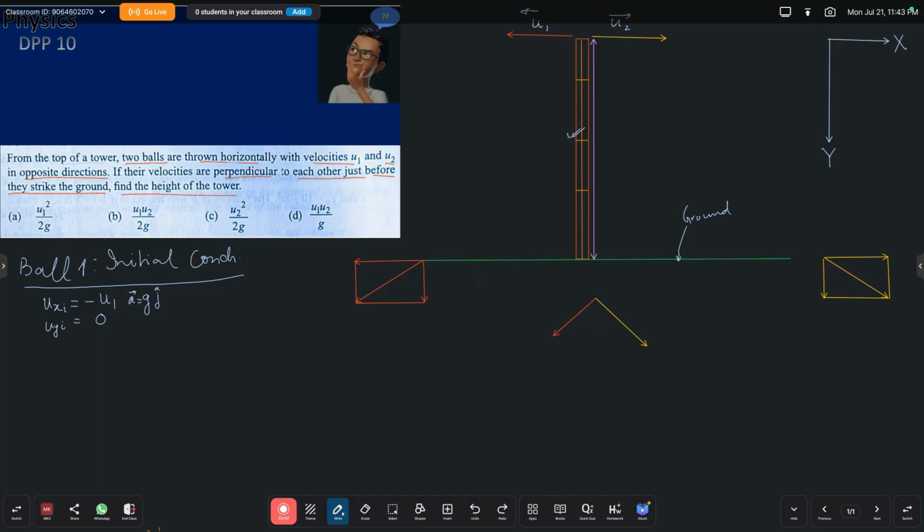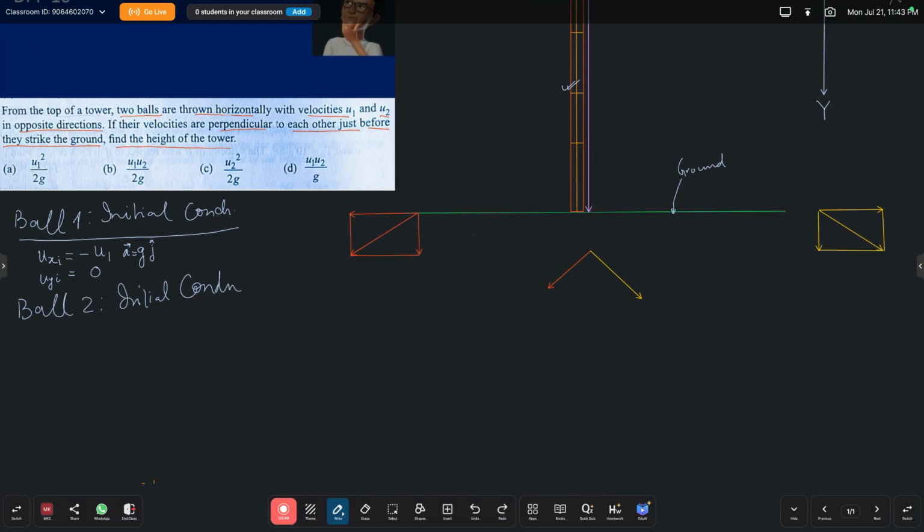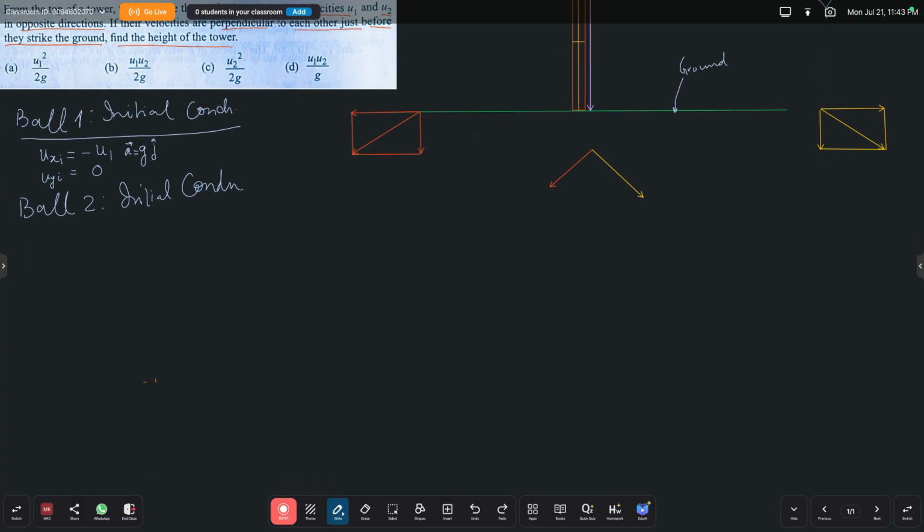Same way for ball 2, if you write the initial condition, uxi is u2, that is in the positive direction of the x-axis.